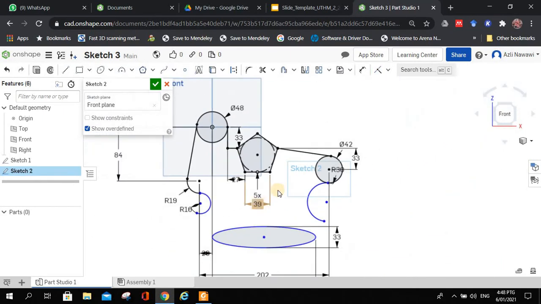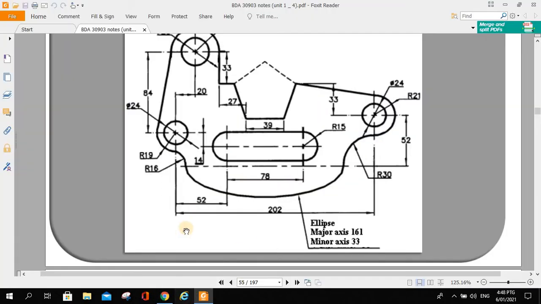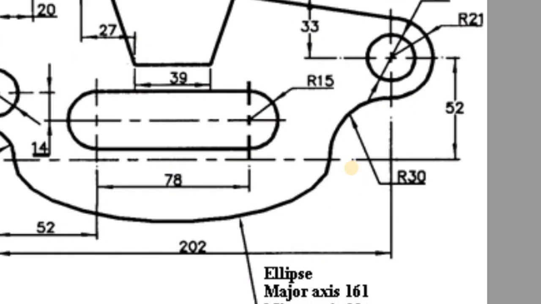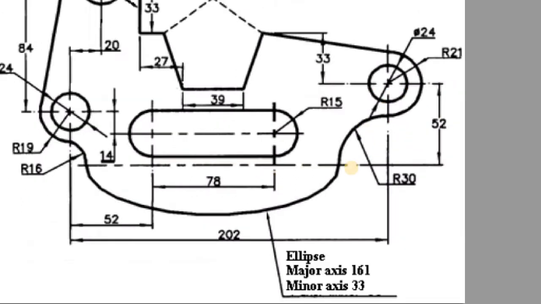Now we're going to work on the ellipse down here. You can see that the ellipse is tangent to the R16, and it is also tangent to the R30 here. You can see that the vertical dimension of the ellipse is 52 from this circle, but there is no horizontal dimension.